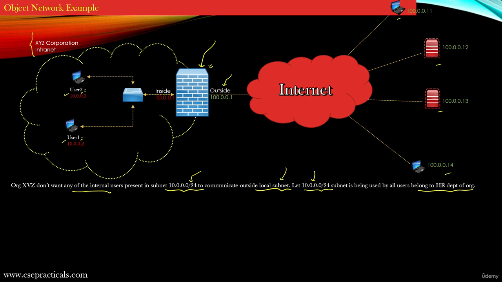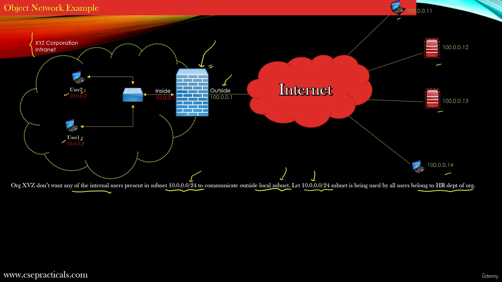That is, XYZ Corporation just wants the users of the HR department to communicate with each other within the same subnet, but not with any users on the internet or members of any other department within the organization. So how can object networks help achieve this objective?